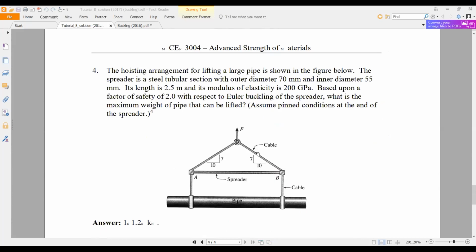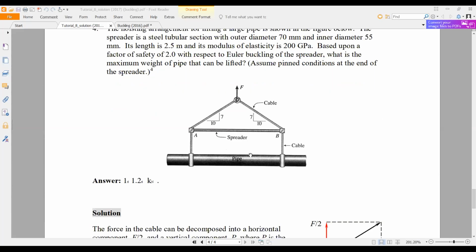So that value and the relationship you will learn. And this is similar to the example we discussed earlier, where you need force balance equilibrium and find out. In this kind of question you need to mark the forces available first, then identify which one has the buckling condition.